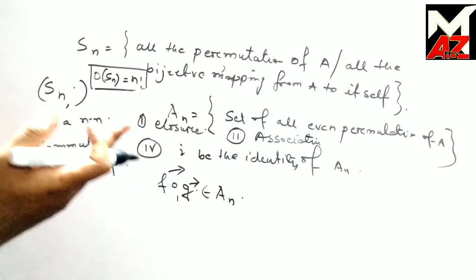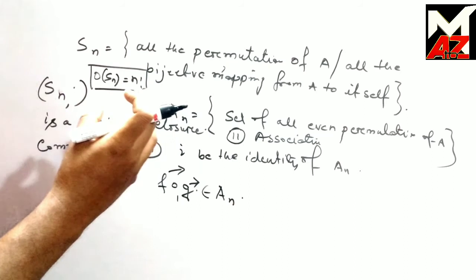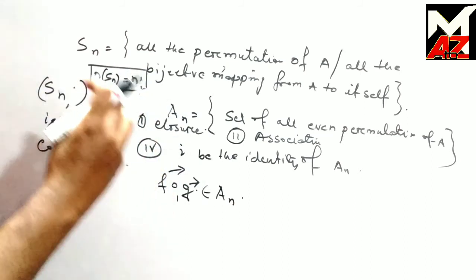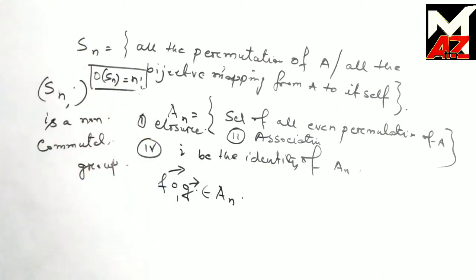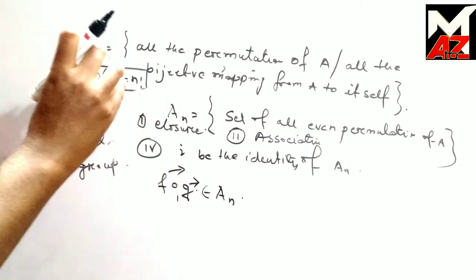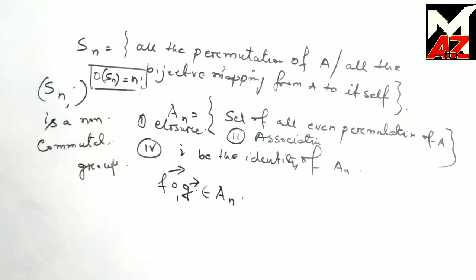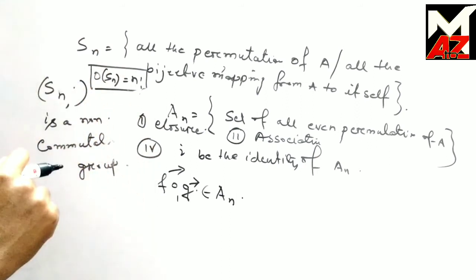And we know that the inverse of every permutation exists in Sn, and the inverse of any even permutation is also an even permutation. So this is also a group.